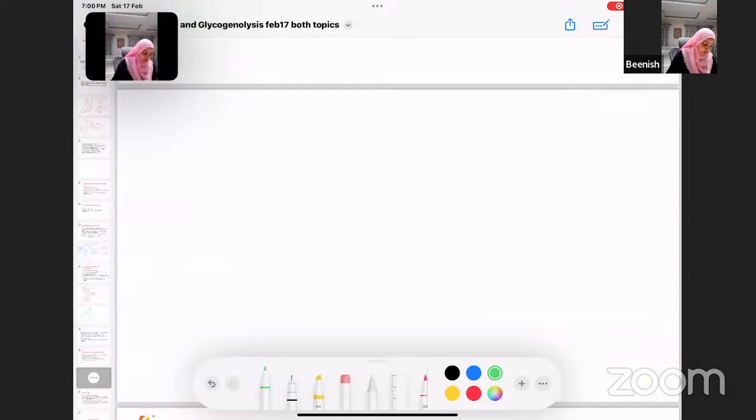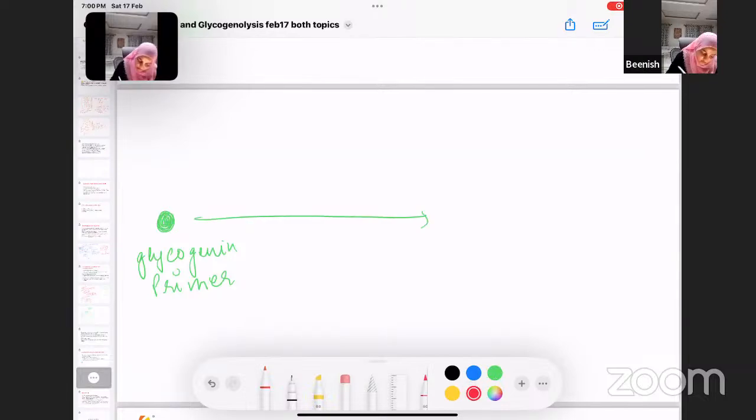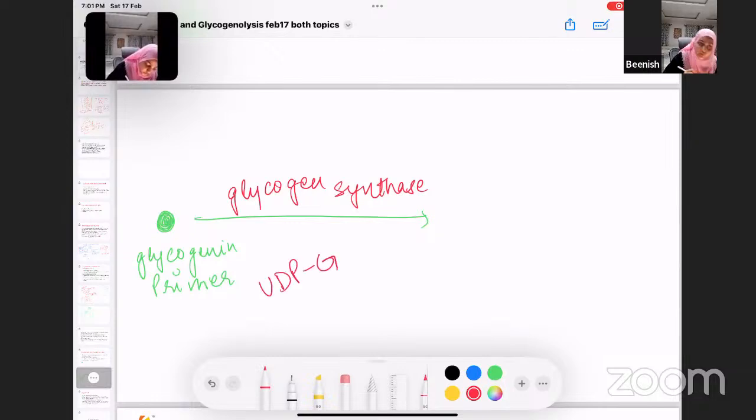For the sake of convenience, I'm just denoting glycogenin like this. Now on this primer, which is your glycogenin primer, glycogen synthase will act. And from where are the glucose residues being added? From UDP glucose, which was the first step.